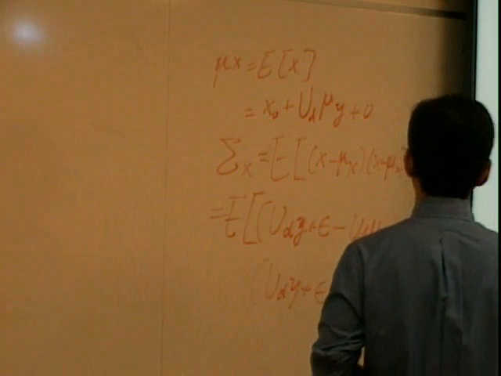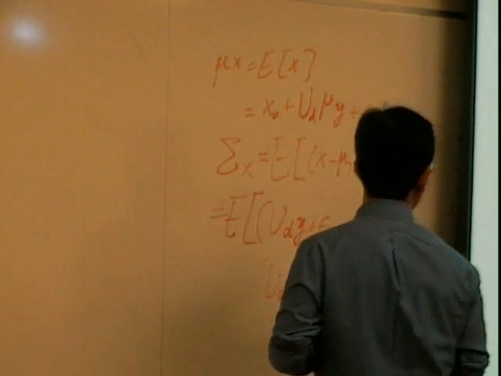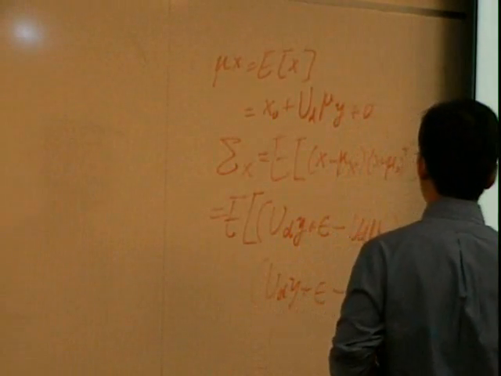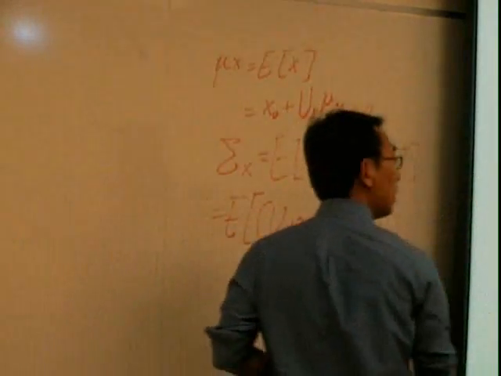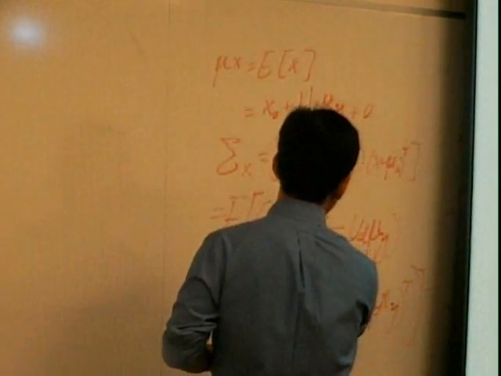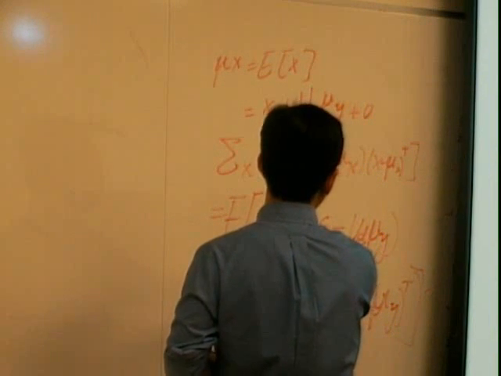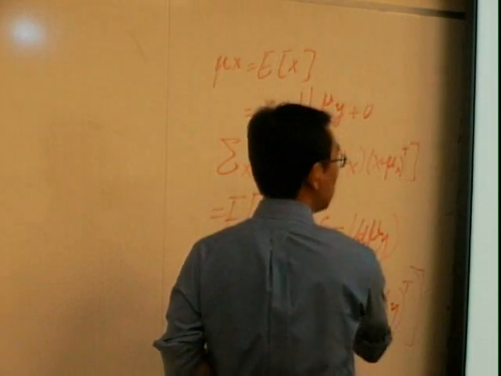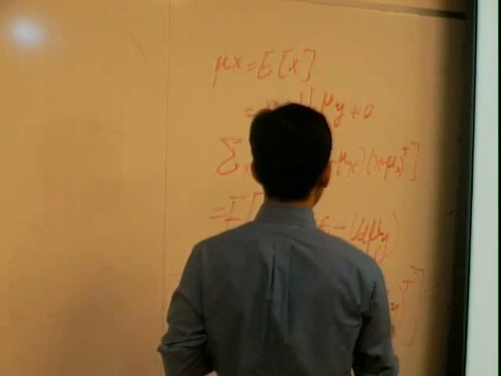Okay? So this is constant, right? And this is constant. You also realize that because we assume the random variables are independent, the expectation of the product of these 2 terms is the product of the individual expectations. However, the expectation of epsilon is equal to 0, so those 2 terms also disappear. At the end, you only have 2 terms left.